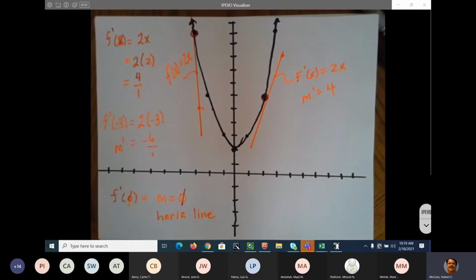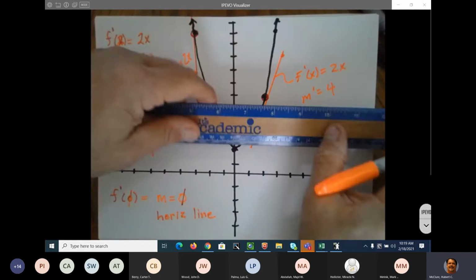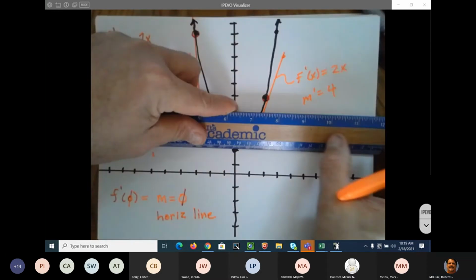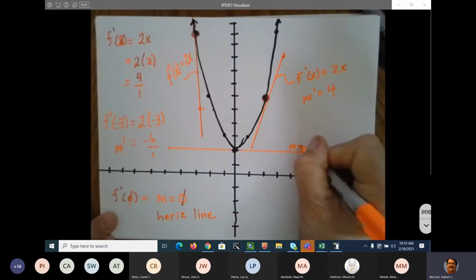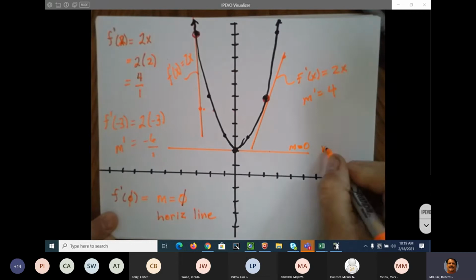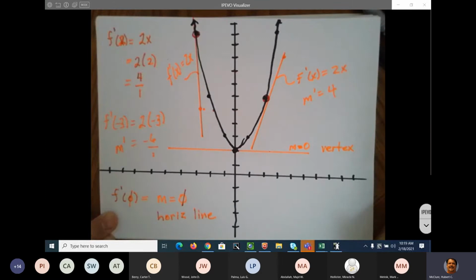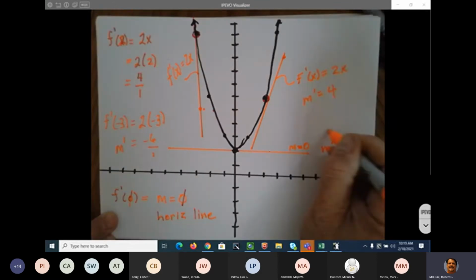Now, I want you to make a note of this, because this is going to carry into your marketing. M is equal to 0. So at the vertex, no matter what kind of parabola you have, the vertex will always give you a slope of what?